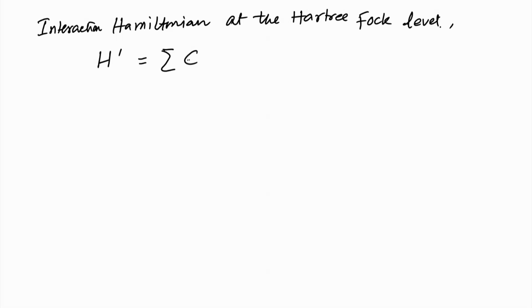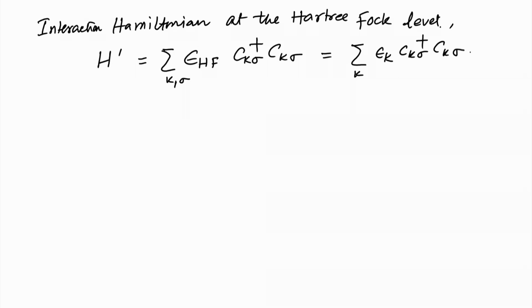So, this is equal to epsilon HF and C k sigma dagger C k sigma. Those are the two single particle operators, and there is a sum over k and sigma. Now, simply we can write it as epsilon k C k sigma dagger C k sigma, that is the Hamiltonian. Now, if this Hamiltonian has some other terms which are at the 0th level, then that has to be added to this term and so on. So, let us look at the Fock term more carefully.